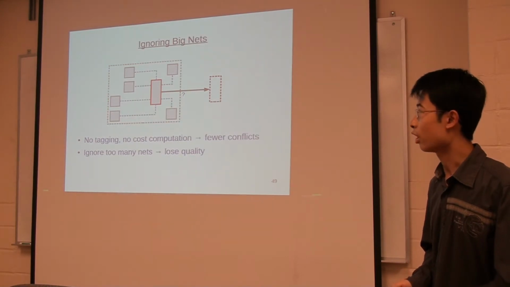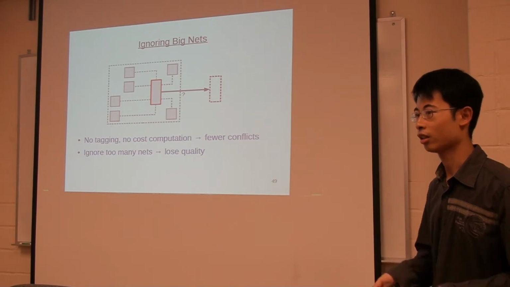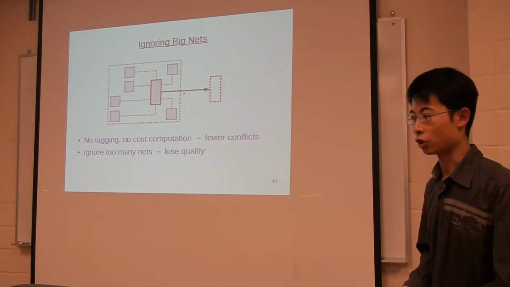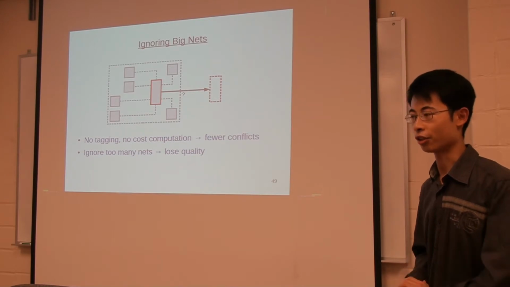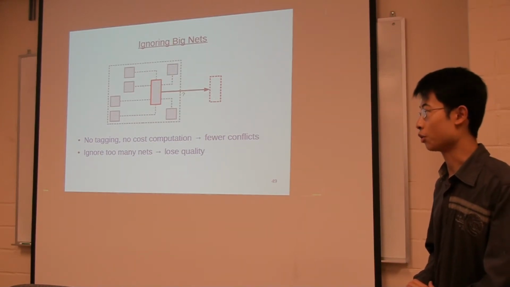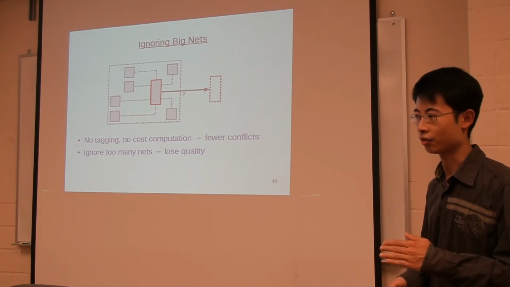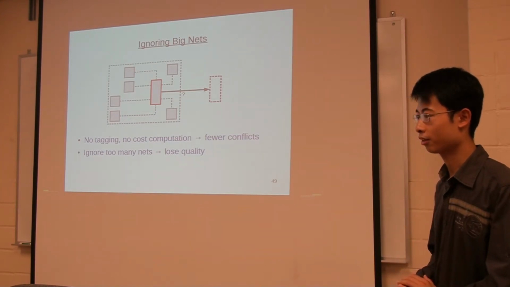So the obvious thing to do is to ignore nets that are above a certain size, which means not tagging them during dependency checking and not computing their cost. That naturally leads to fewer conflicts. But if we ignore too many of these nets, we'll lose too much quality. So setting the right threshold, the right size of net to ignore, is important here.